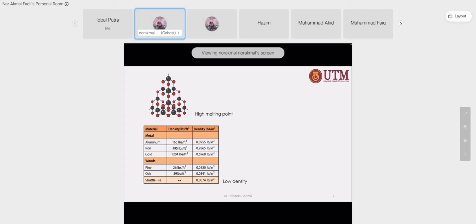And shuttle tiles, compared to this metallic material, are even lower than wood. Of course, if we apply it to construction, for some materials such as the beam structure in buildings, we prefer to use wood because of its high rigidity but low density.